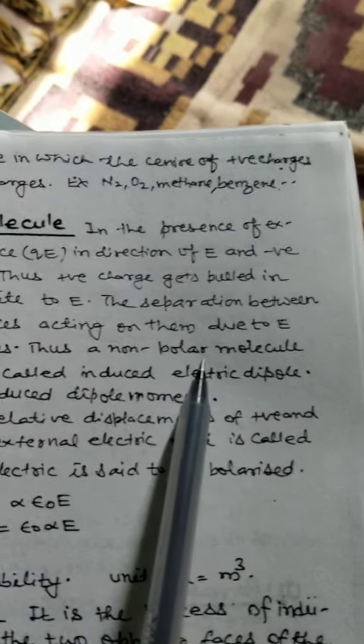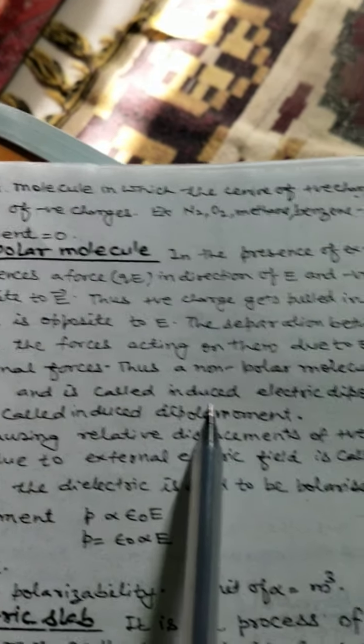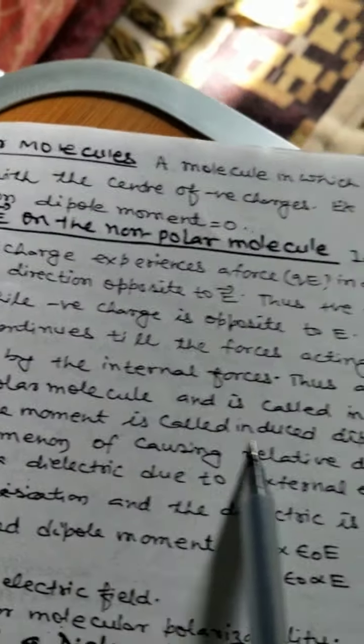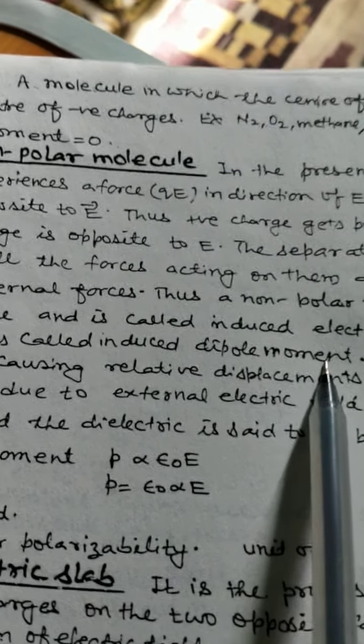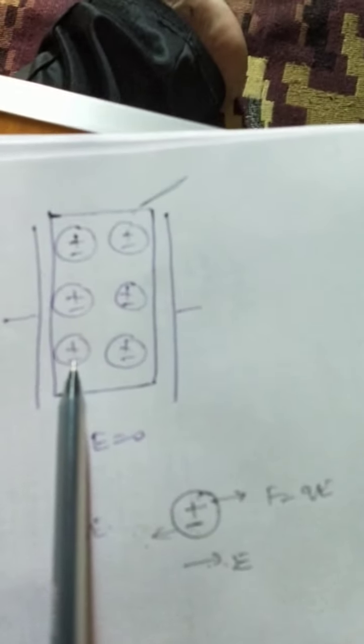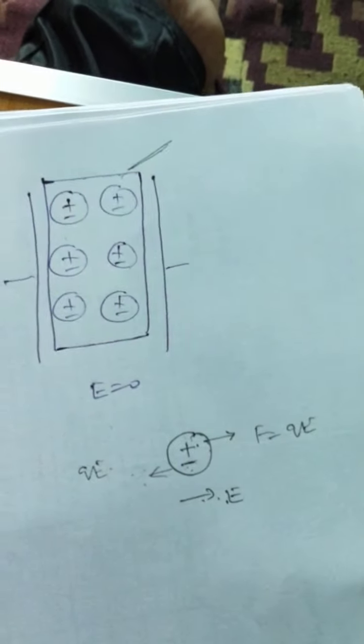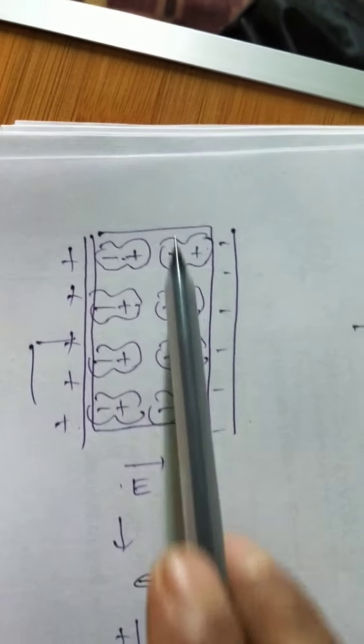Thus the non-polar molecule becomes a polar molecule and is called an induced electric dipole. And the dipole moment so produced is called the induced dipole moment. So this is the non-polar molecule, it has no dipole moment. Now it changed into the induced dipole. So here this is the induced.